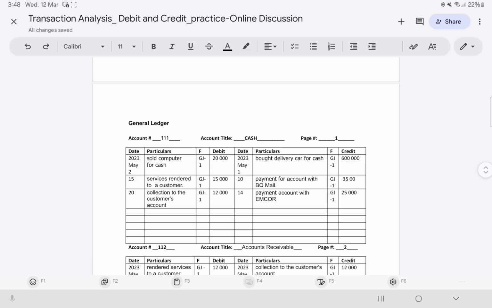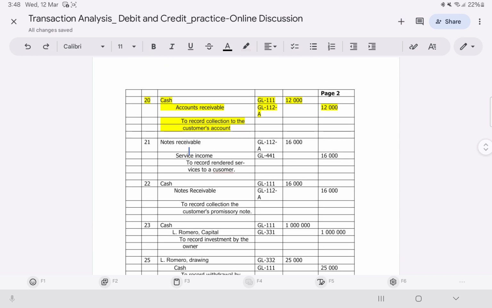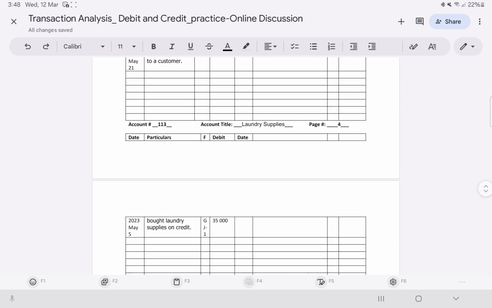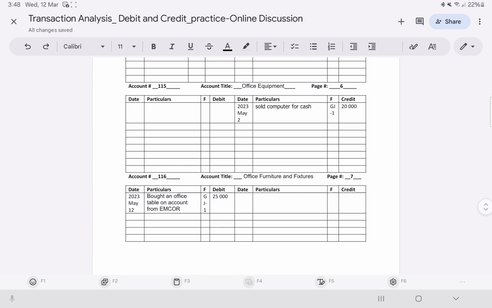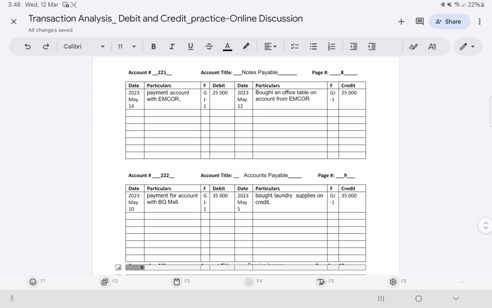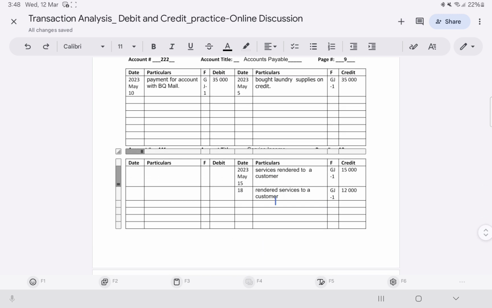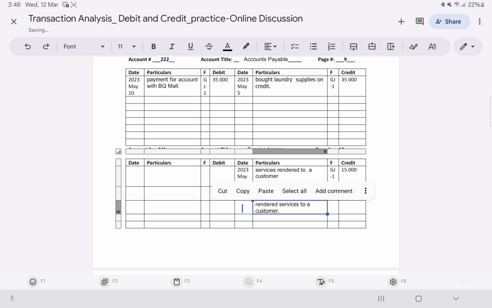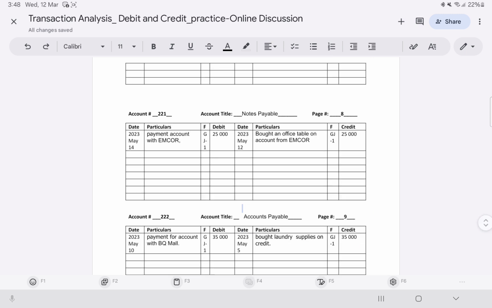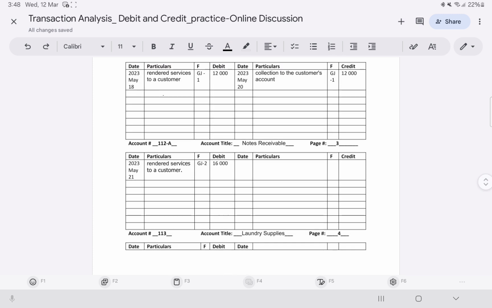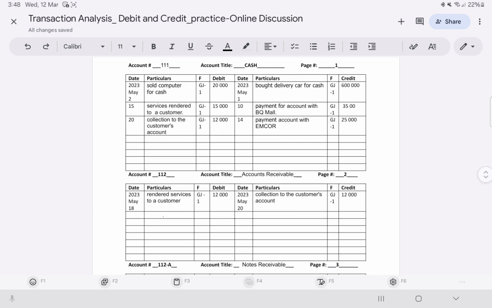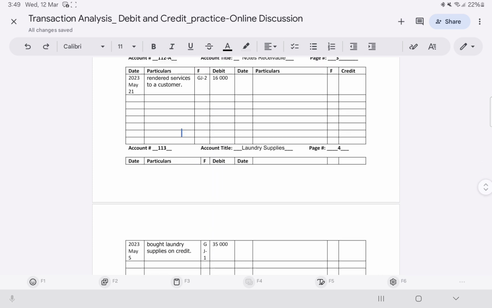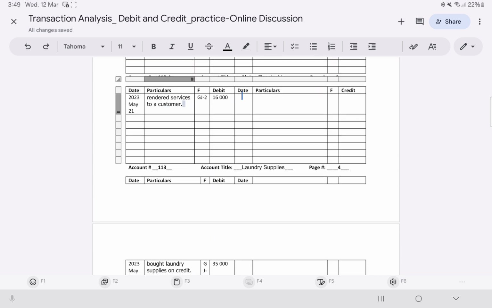Okay, try to look at it again. Notes receivable, debit, and credit service income. This is May 20, May 21. So this is our debit, right? Notes receivable.